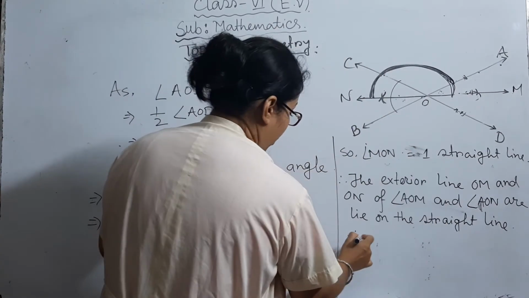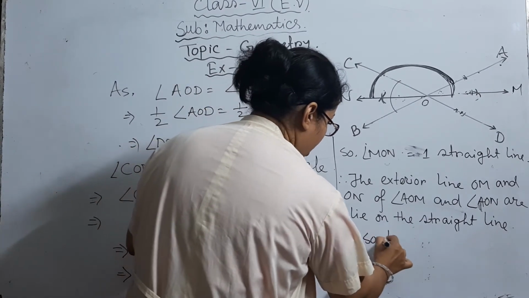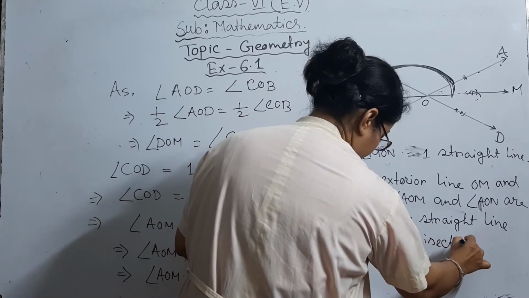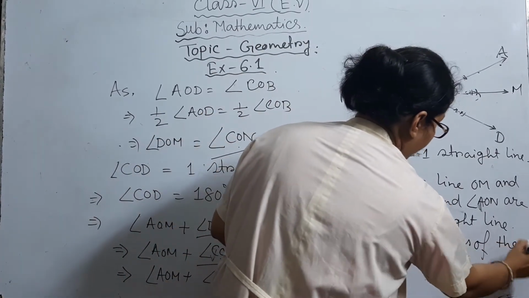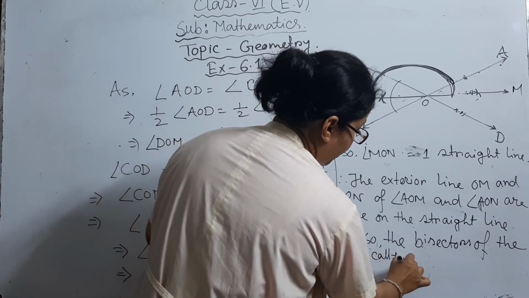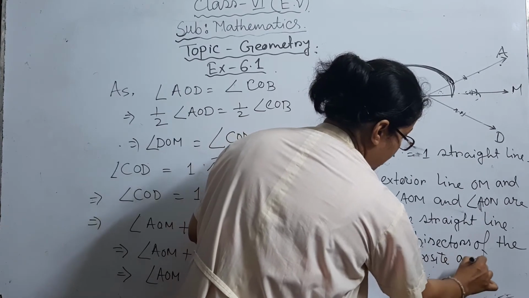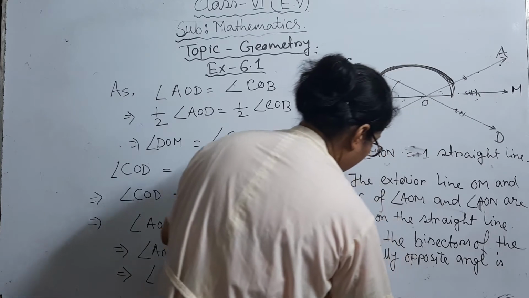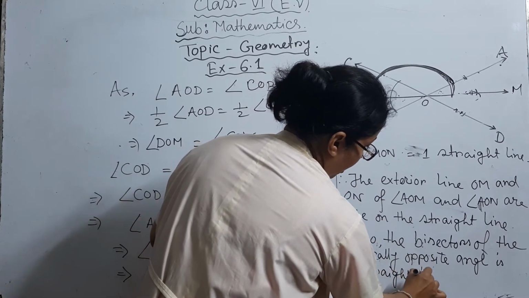That is, our generalization is what? So, the bisectors of the vertically opposite angles is a straight line.